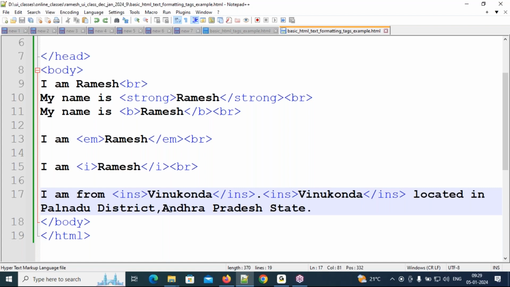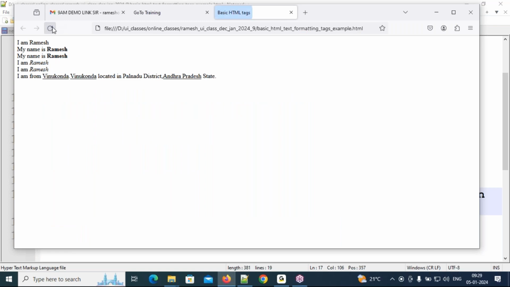The worst thing in the Indian software industry is that whatever they are unable to explain, they ask about, though there is no use. So this is a problem for students and faculty in the starting days. Say here, Vinukonda, Andhra Pradesh. Clear, everybody?